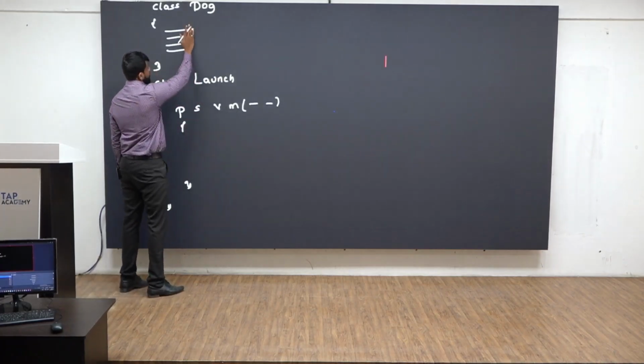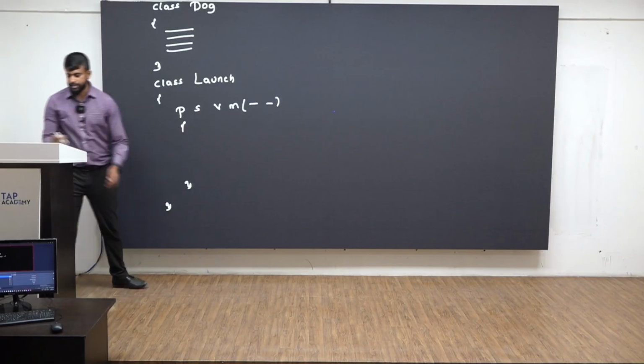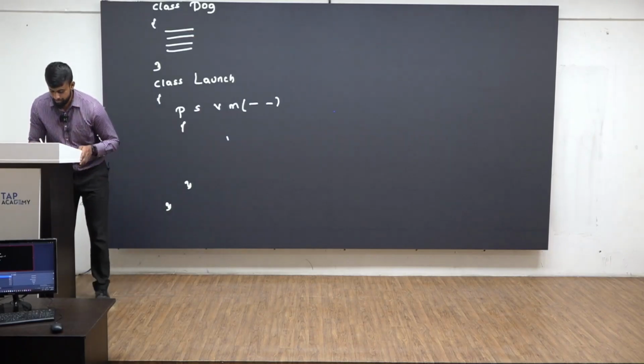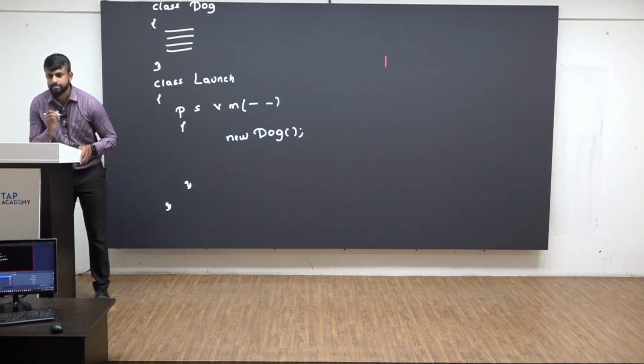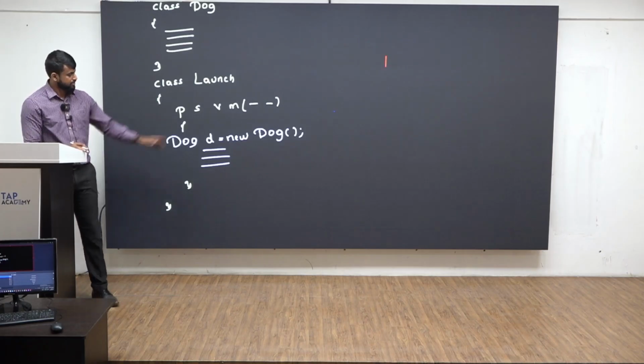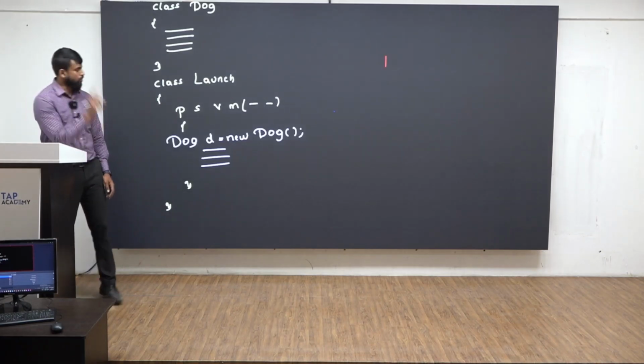I want to create a real form of it. How will I create a real form of it? Very simple. I will say new, and each and every time you said Dog like this. Now for it, you have given one reference D, and what type is it? Dog. After that you have written some lines. I don't care. Now only this line I want. What's this?